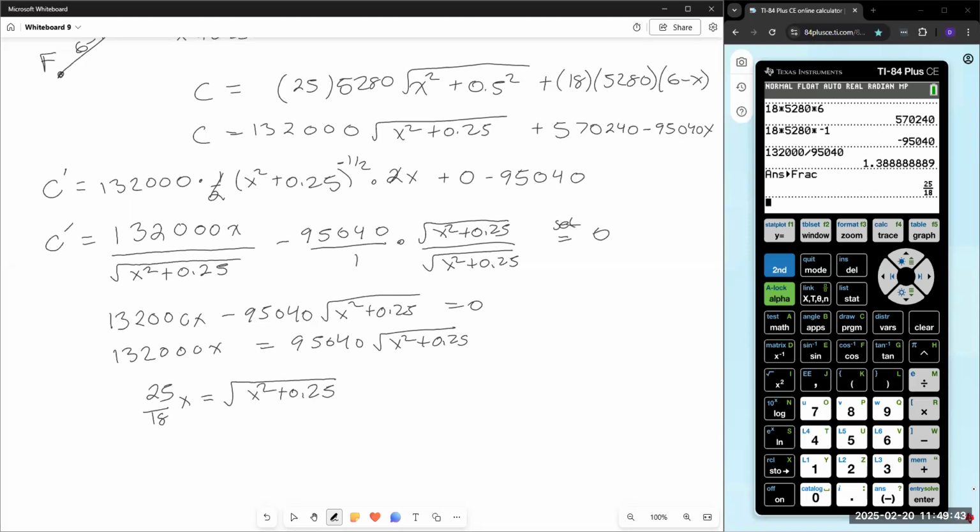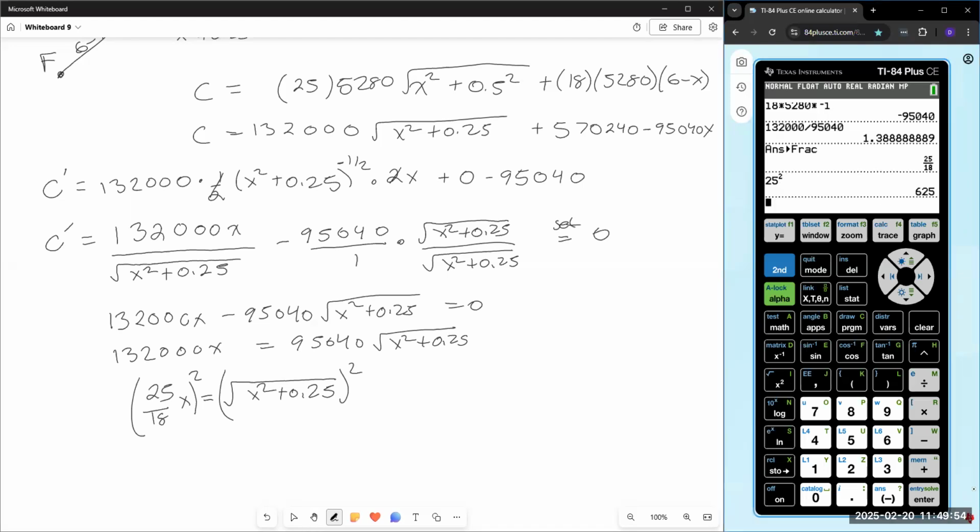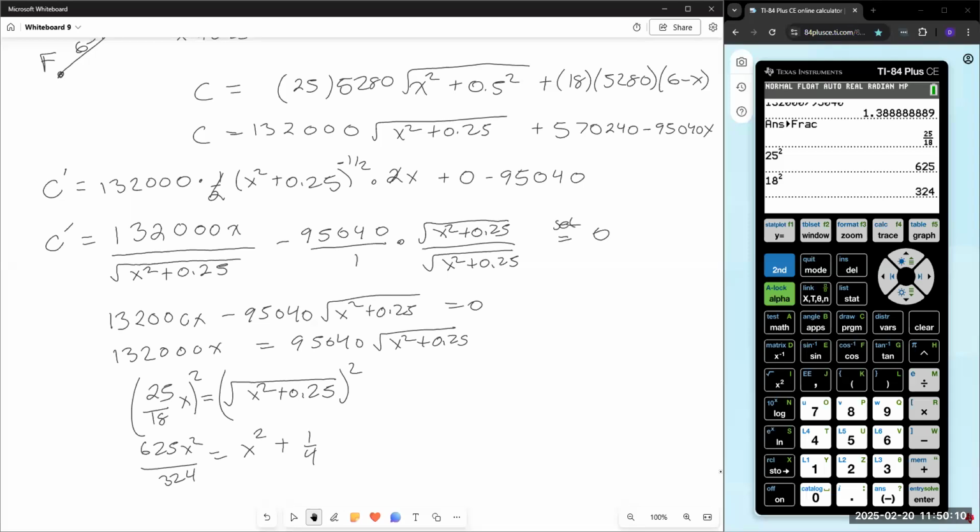So when I square both sides now to get rid of the square root, 25 squared is 625. 18 squared is 324. X squared plus, that's 1/4.